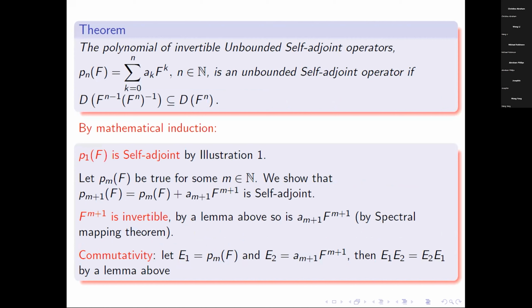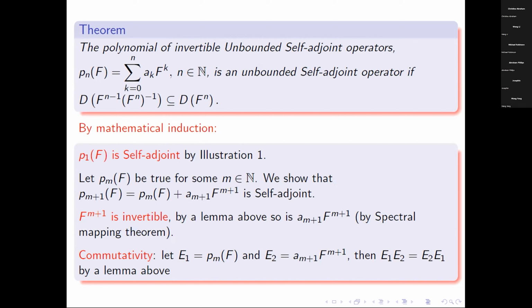This polynomial will be in terms of Fk, which is an unbounded operator, and this polynomial will be a bounded self-adjoint operator, provided that we choose the domain of F power -1 acting on the inverse of Fn to be contained in the domain of Fn. Therefore, that was the key result, and the proof is based on mathematical induction.